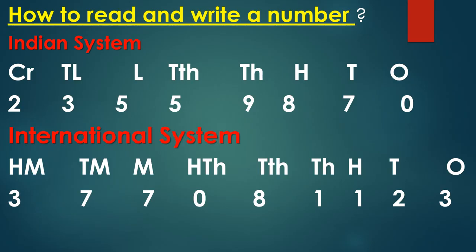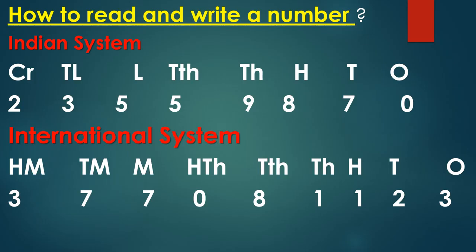So 81,123. I am repeating it. 377 million 81,123. So if number is given to us, we can write down the number name, and when number name is given to us, we can write down easily the numeral.